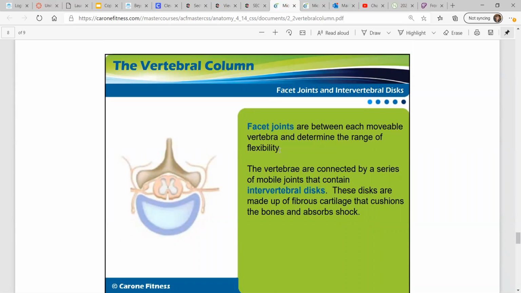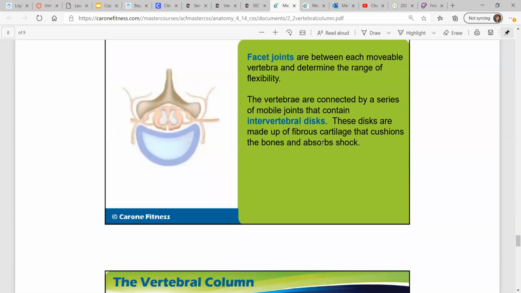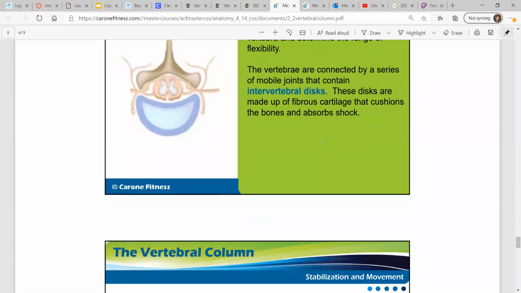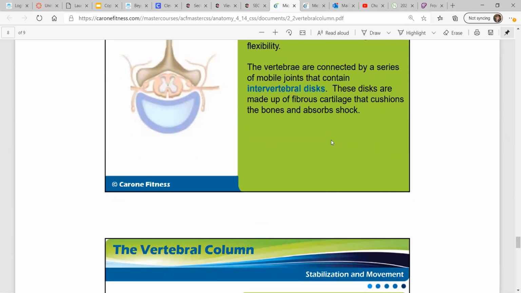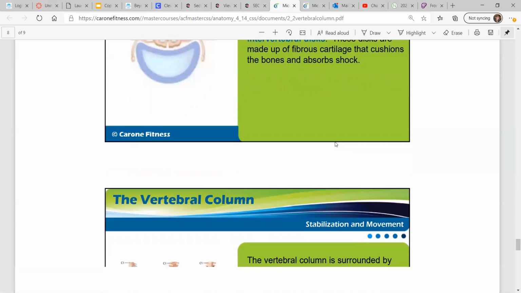Facet joints are between each movable vertebra and determine the range of flexibility. The vertebrae are connected by a series of mobile joints that contain intervertebral discs. And these discs are made up of fibrous cartilage that cushions the bones and absorbs shock. So those discs are just cartilage placed between the bones, and they take the heat off of any of your bones so they don't get damaged, hopefully.